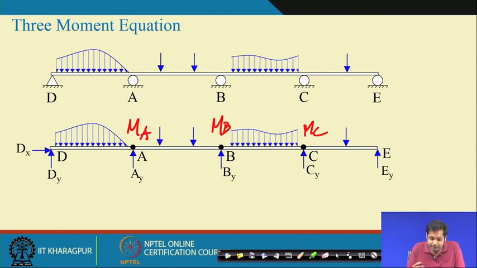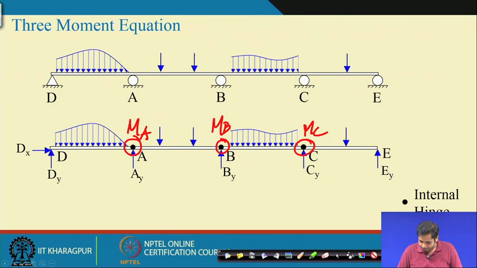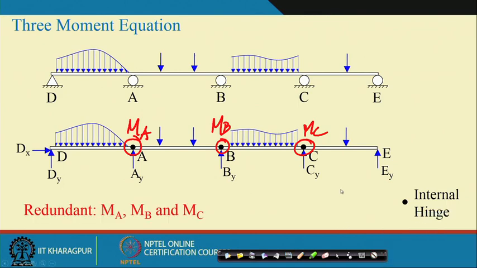Once we insert an internal hinge at A, B and C, automatically there is no constraint against rotation at points A, B and C, which is the same as releasing the moments M A, M B and M C. These are all internal hinges. So the redundants are now the moments M A, M B and M C.